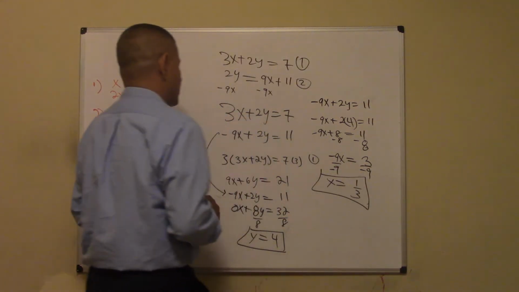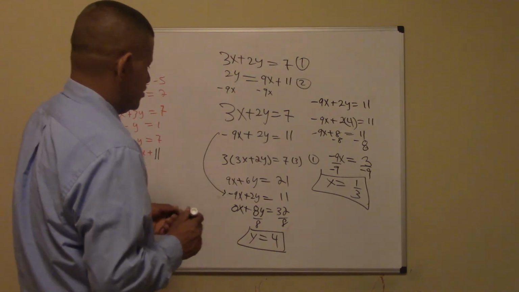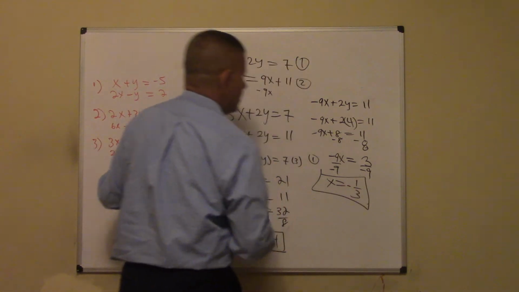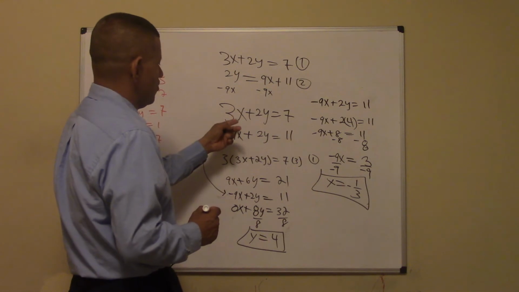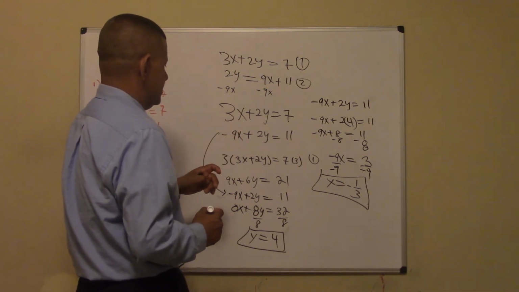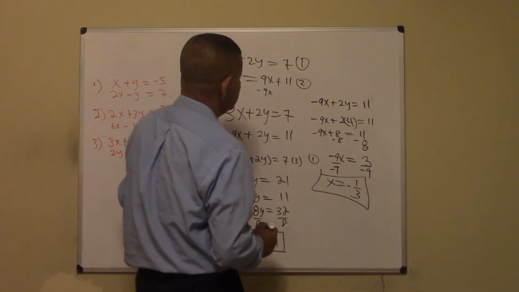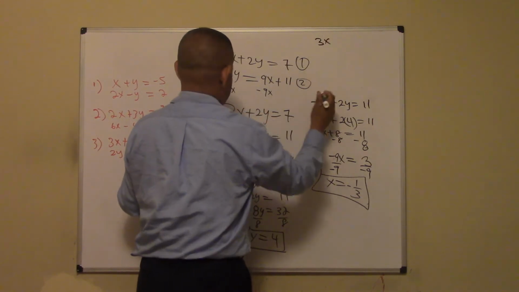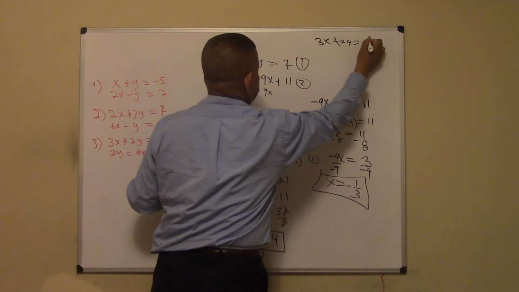Okay, now let's check if this is true. Let's use equation number 1 and see if this is equal to 7. Equation number 1 is 3x plus 2y equal to 7.